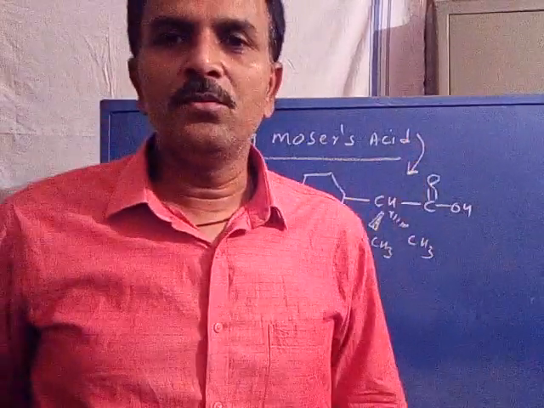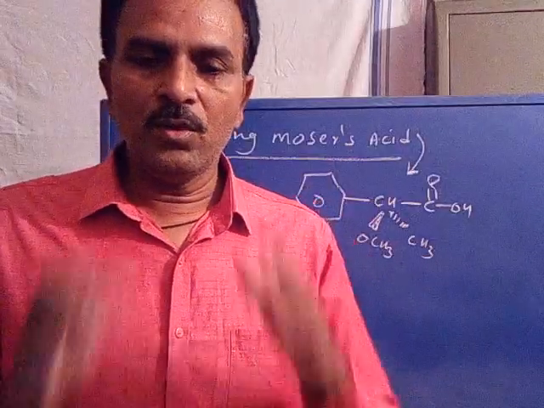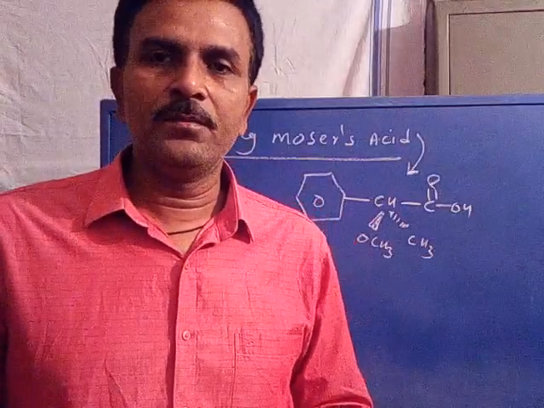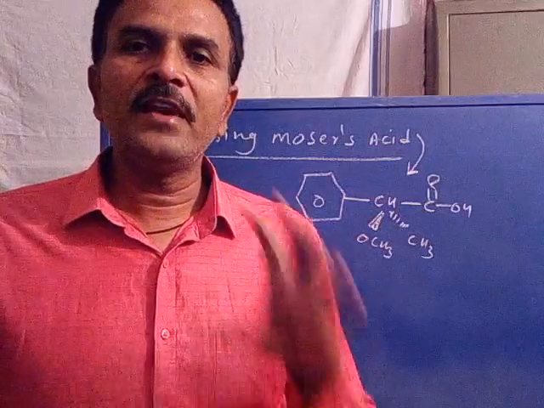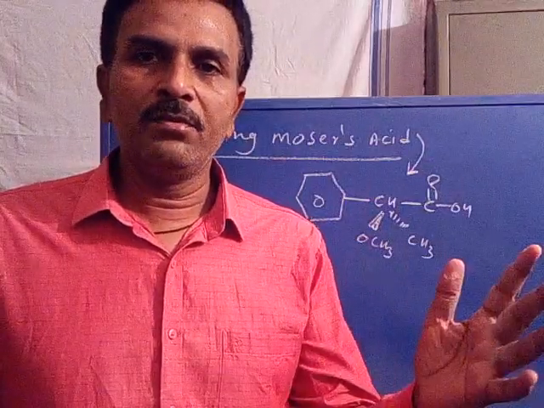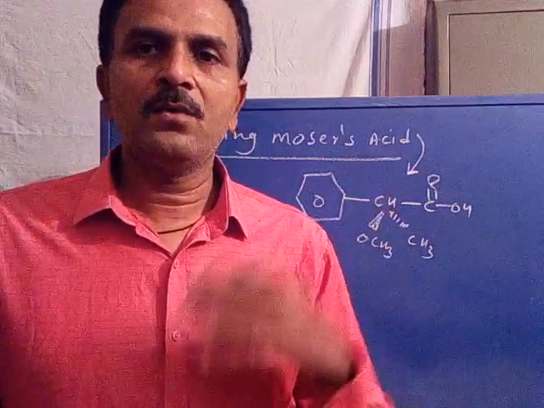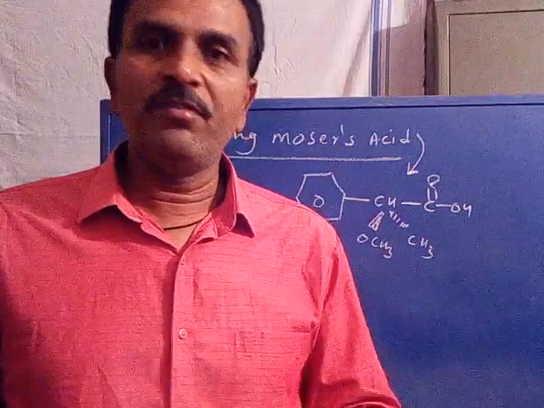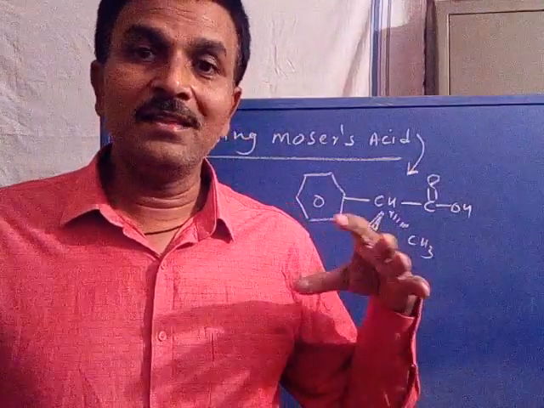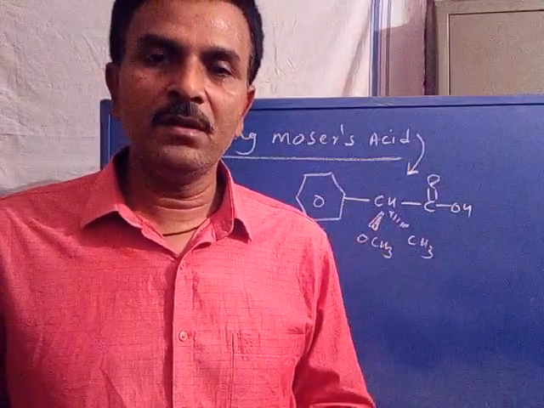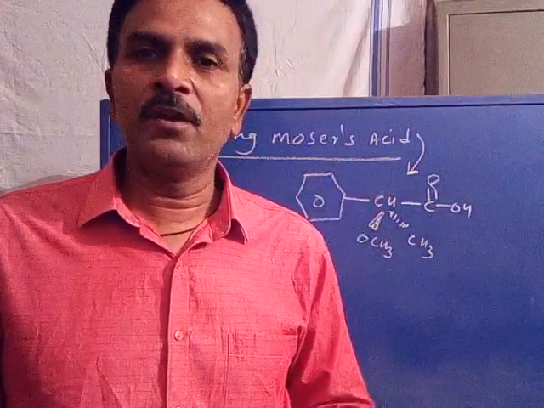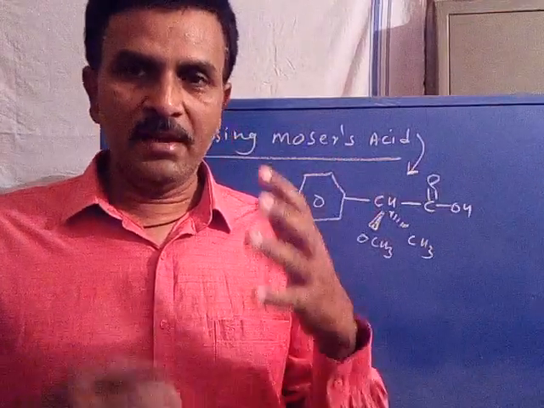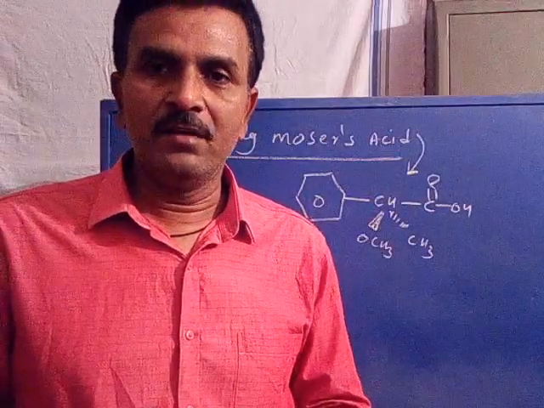Moser's acid is used as a reagent to discriminate the enantiomers. Now this method is also quite similar to the general method or to the use of lanthanide shift reagents, where this technique involves transformation of enantiomers into diastereomers by reacting with Moser's acid.